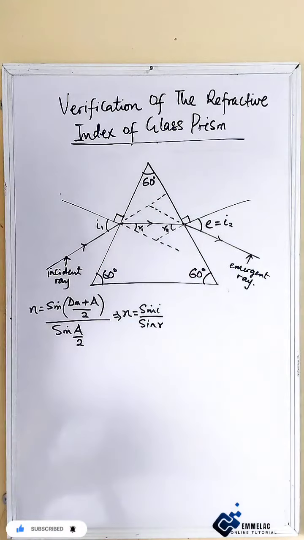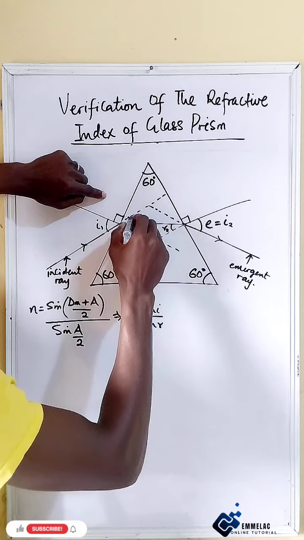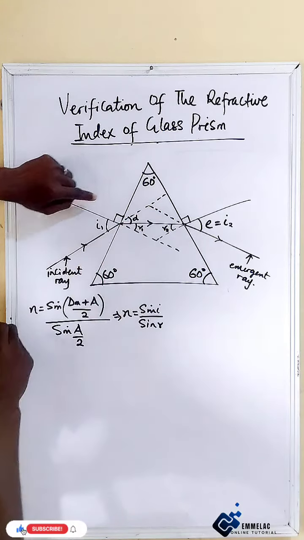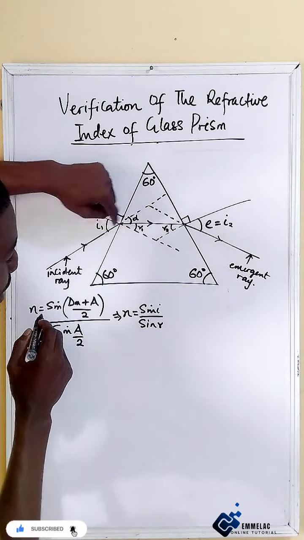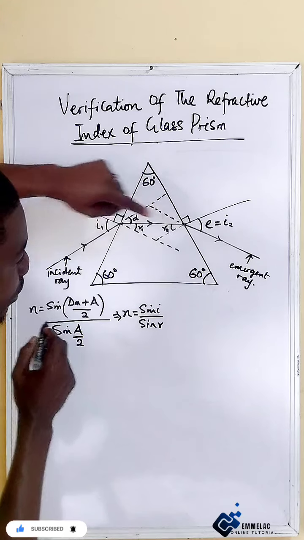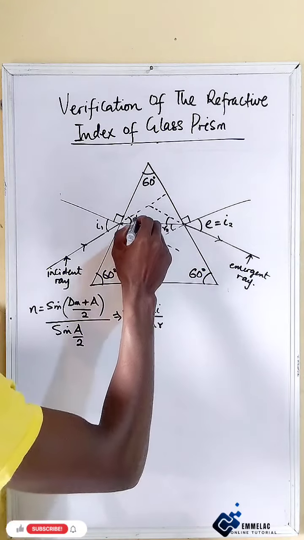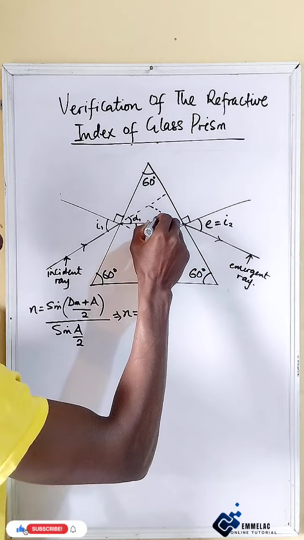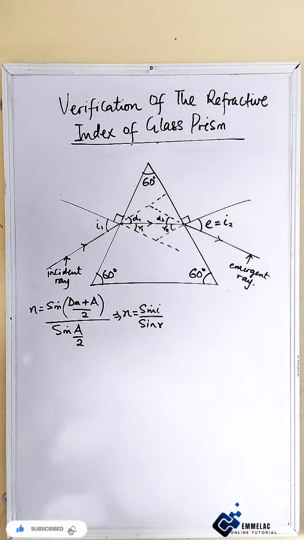Now this angle here is the deviation between the incident ray and the refraction, and here the same thing. Now let us make this one D1 and this one D2.